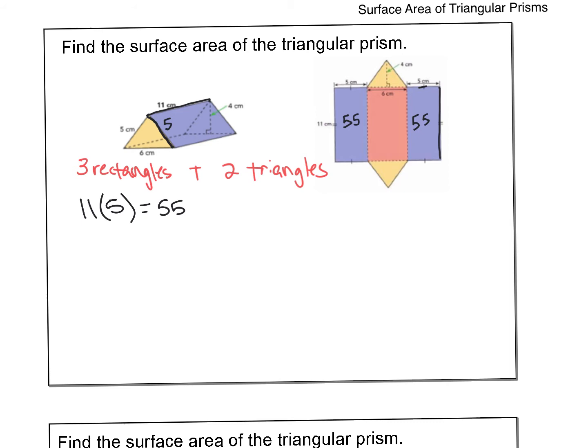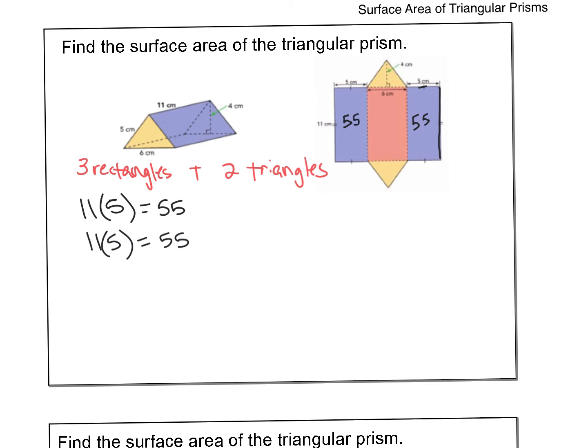So I'm just going to write that right here too, 11 times 5. And it's not always that some of your rectangles will be the same measurement. Sometimes they will, sometimes they won't. So you just have to look at the picture pretty clearly. All right, so I'm going to erase this just so we don't have any confusion.